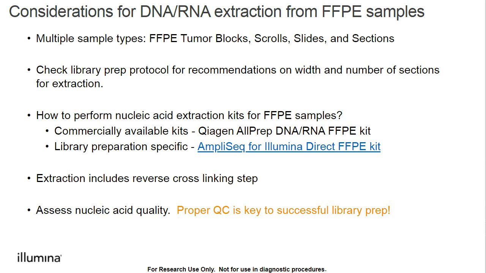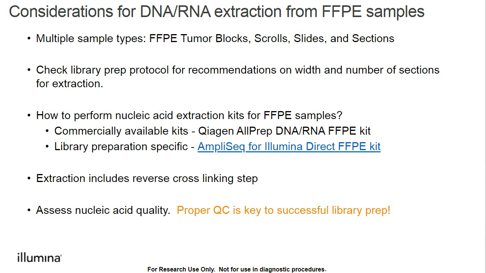So check that out first. In terms of the actual kit for the extraction, there are lots of commercially available kits. A very popular one is the QIAGEN AllPrep DNA/RNA FFPE kit. And there may also be options specific to the kit you're using, such as the AmpliSeq for Illumina Direct FFPE kit.